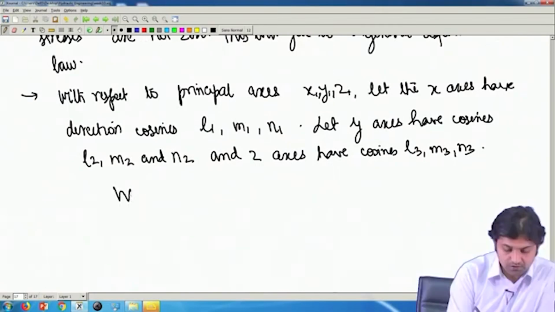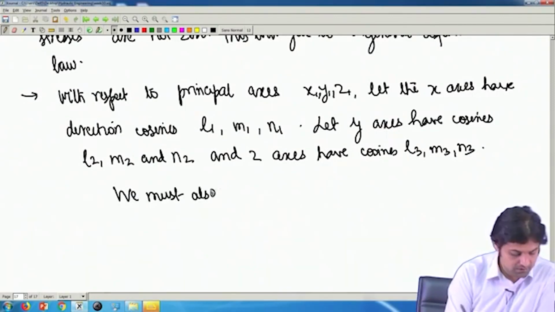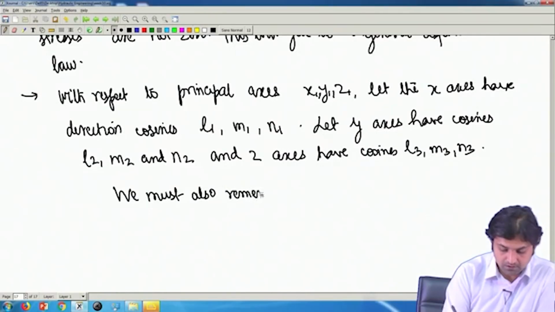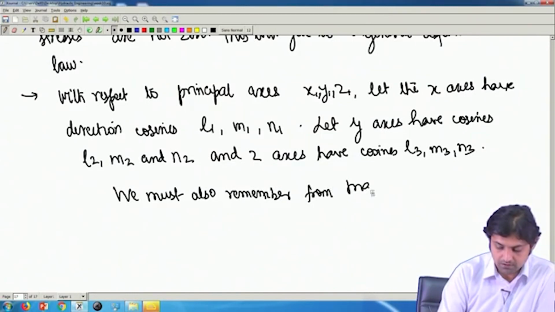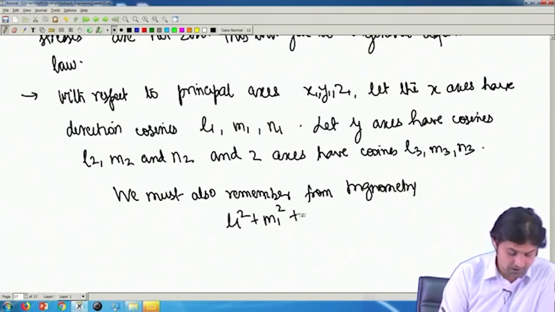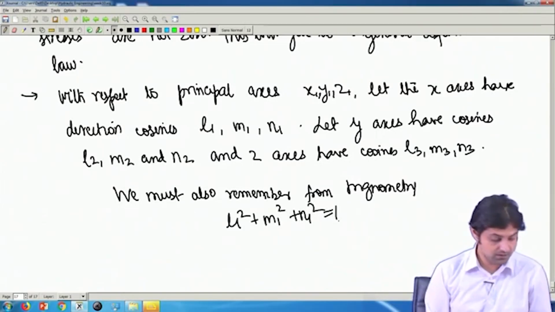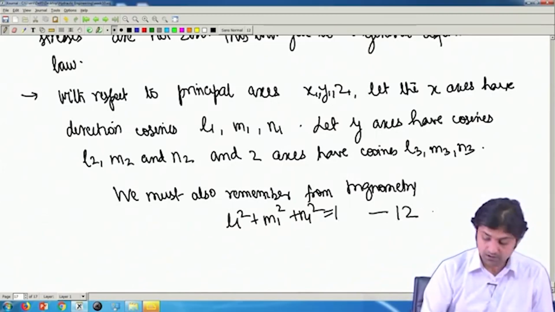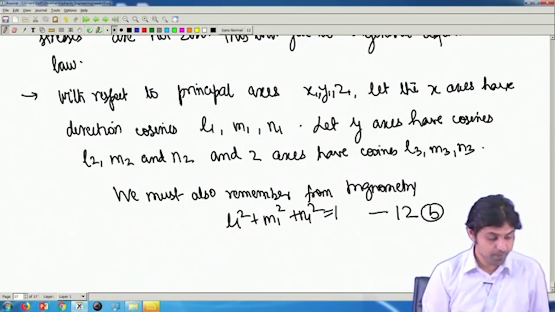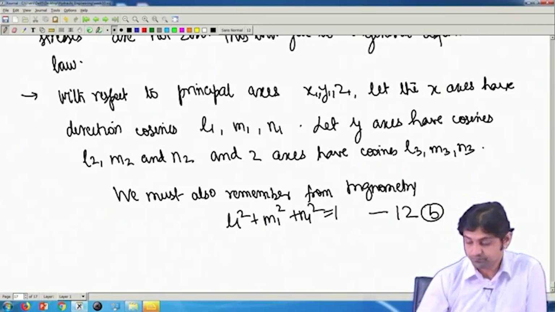We must also remember from trigonometry L1 square plus M1 square plus N1 square is equal to 1 and so on, okay, and this equation we call equation number 12b. All right.